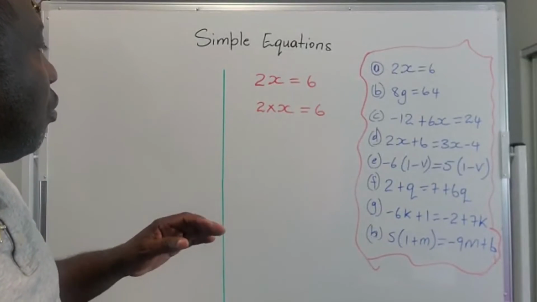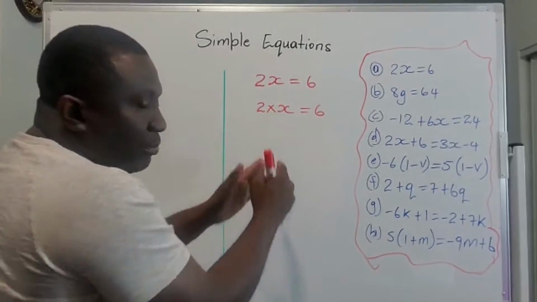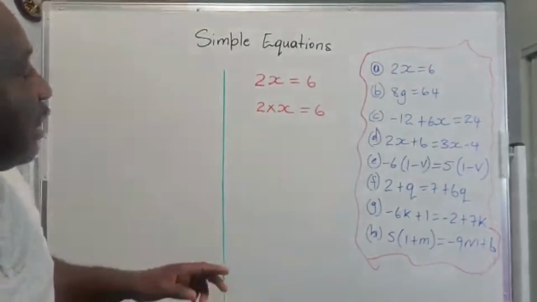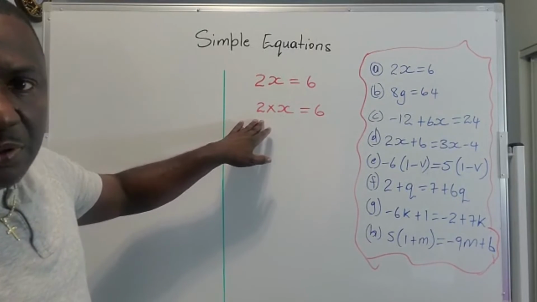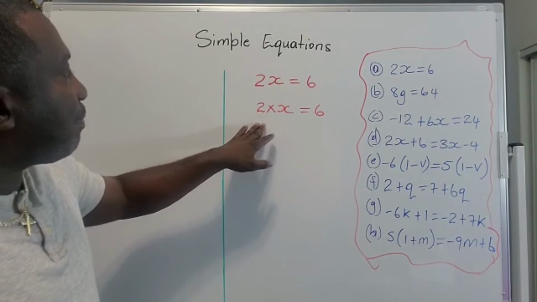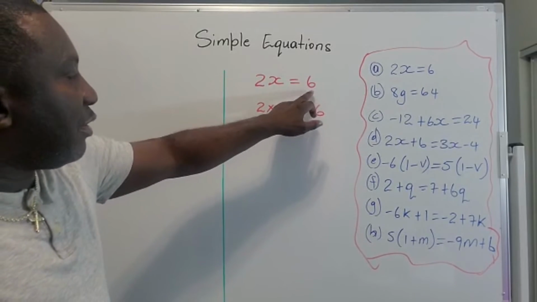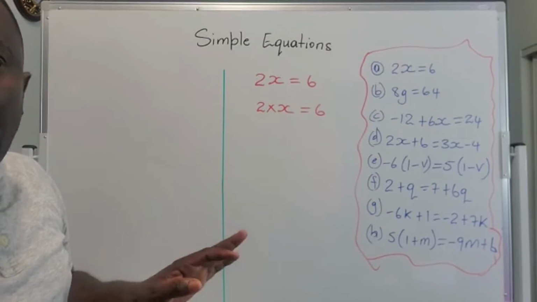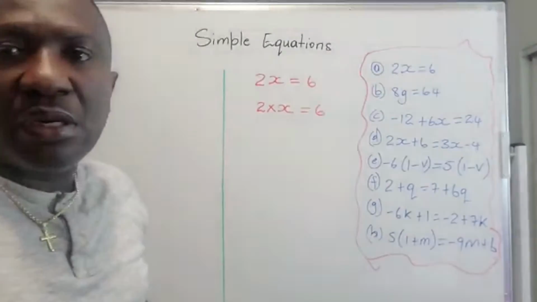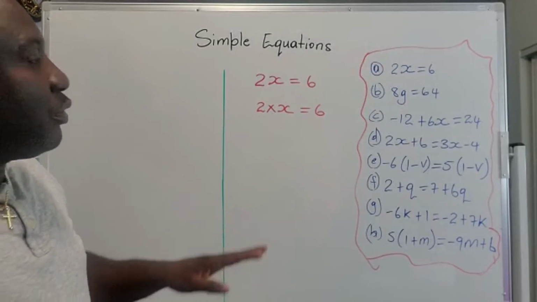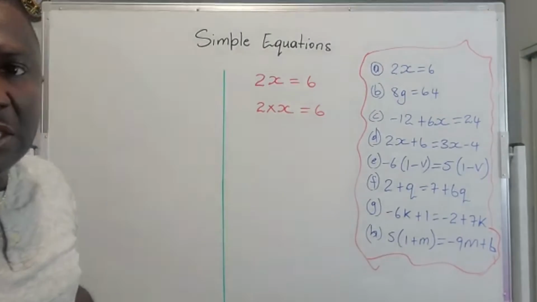Now, looking at the problem, we have recognized it is telling us that there is a number. When 2 is multiplied by that number, the answer is 6. Simply what it is telling us.